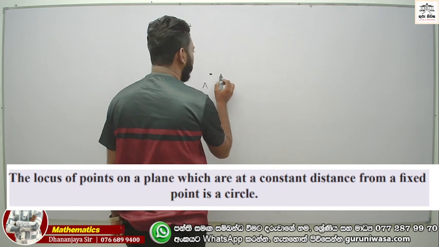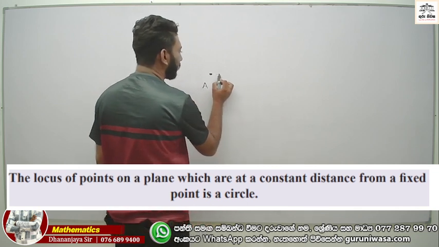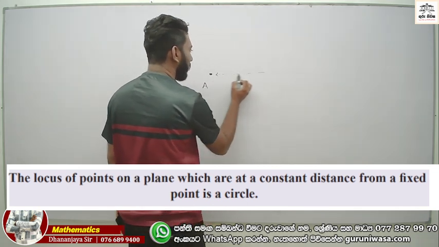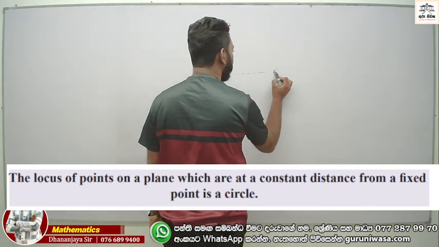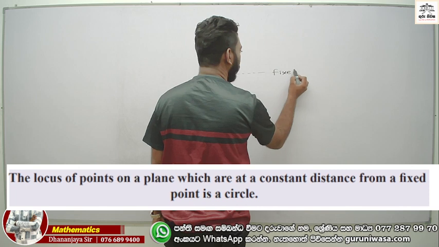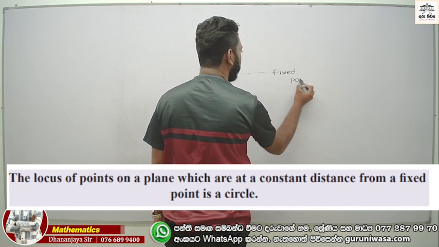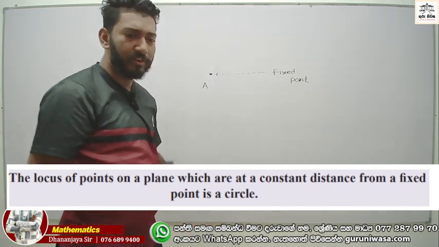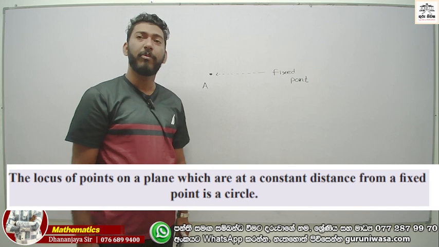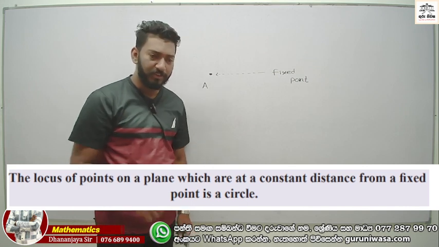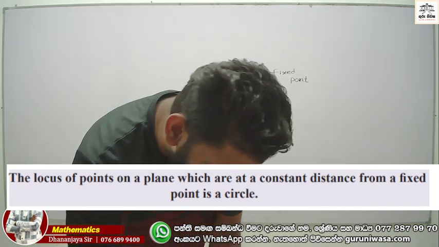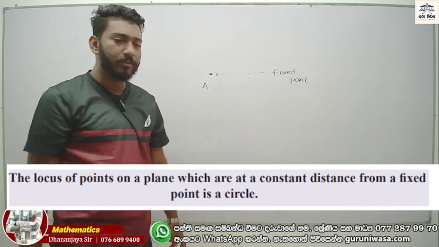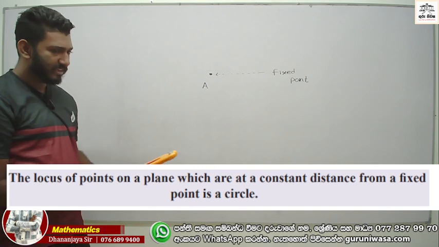This is the fixed point, right? It is fixed, meaning it cannot change. Fixed point. Right? Now what is the locus? The locus of points on a plane which are at a constant distance from a fixed point is a circle.